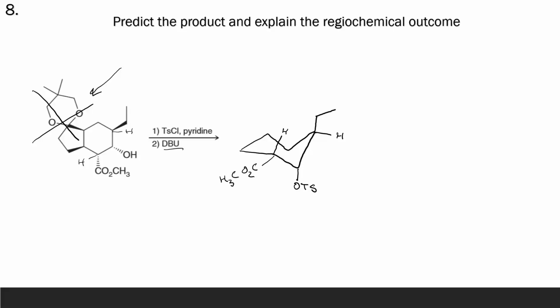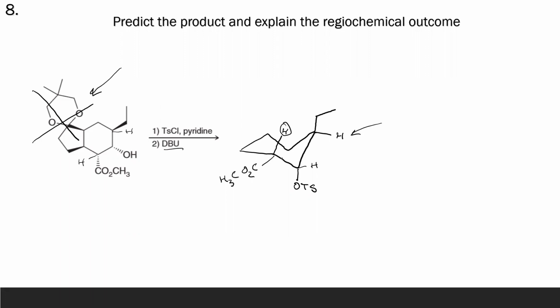So from looking at the chair configuration, you can already see that you have a beta proton that is anti-coplanar, and that would be this guy here. This guy here is not anti-coplanar. This guy here, he's not anti-coplanar. So the reaction cannot occur with that proton there.